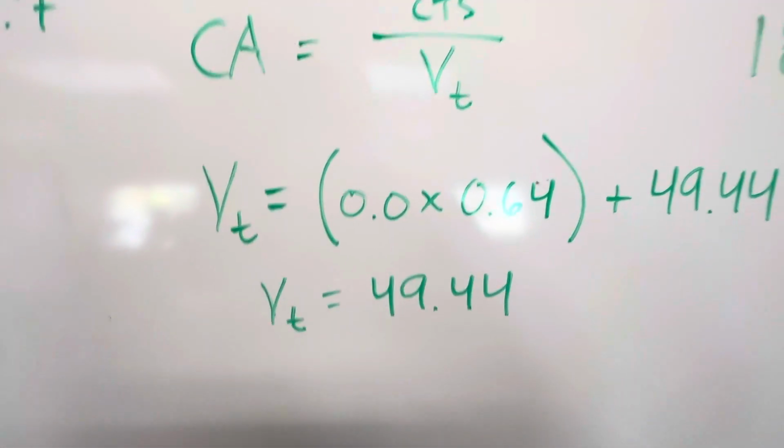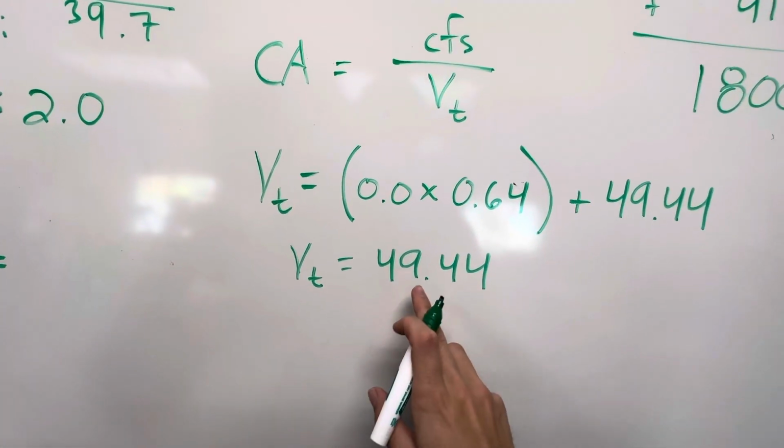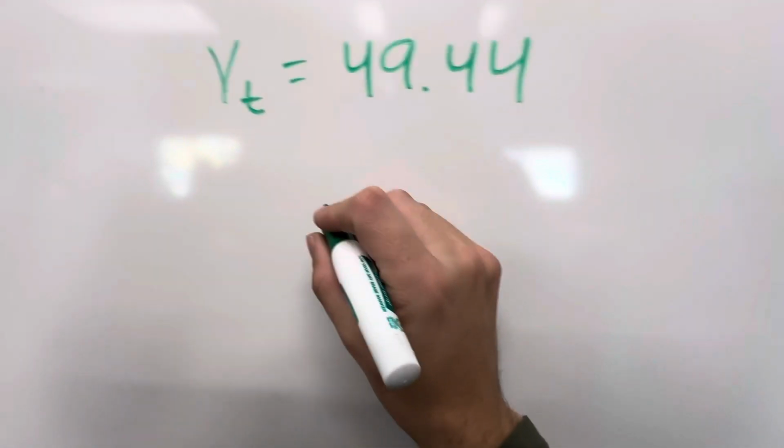Okay, and we have CFS. Let's use this equation now. So we have to take this and divide it by this. So let's write our equation below.